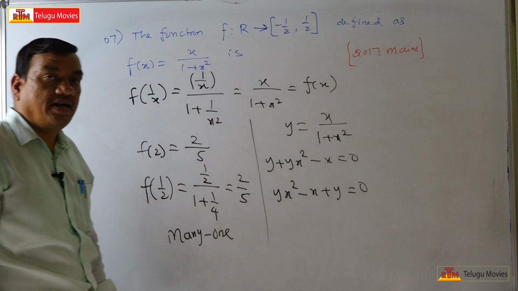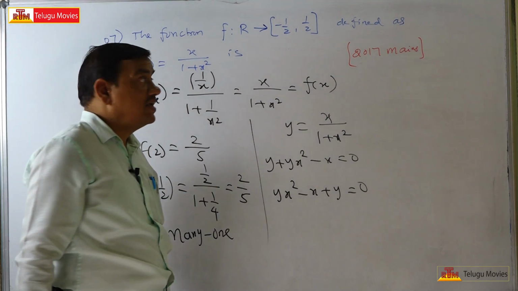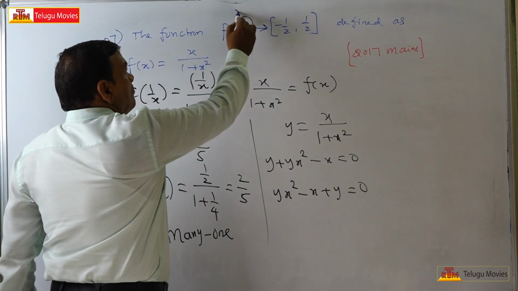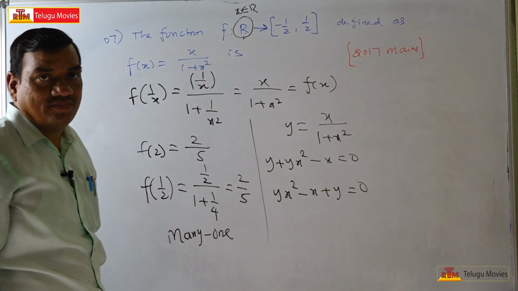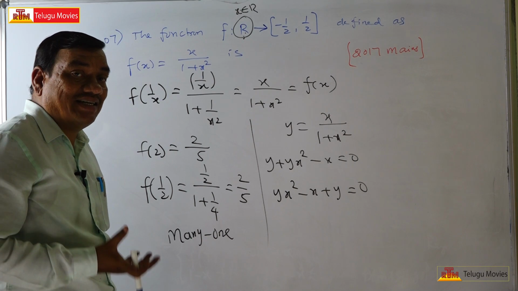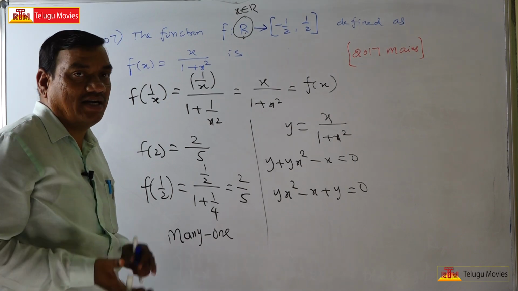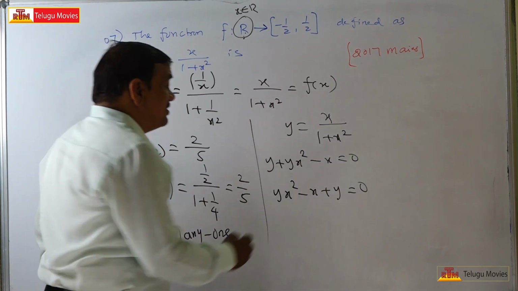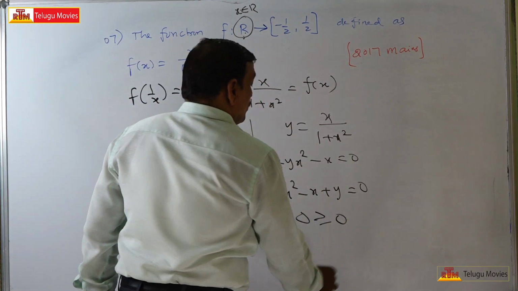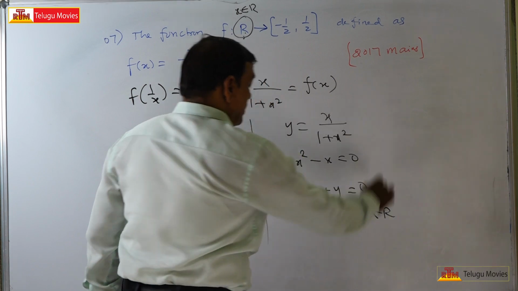This is a quadratic equation in the variable x. As x is a real number, since the domain is R, its delta should be greater than or equal to 0.